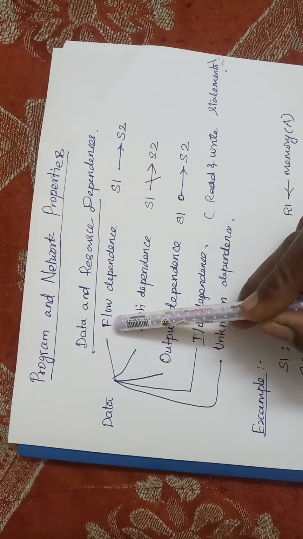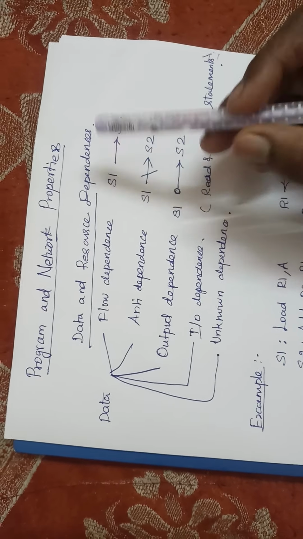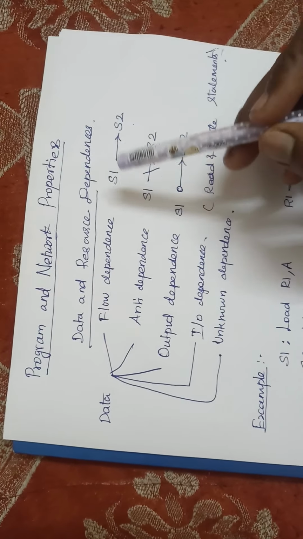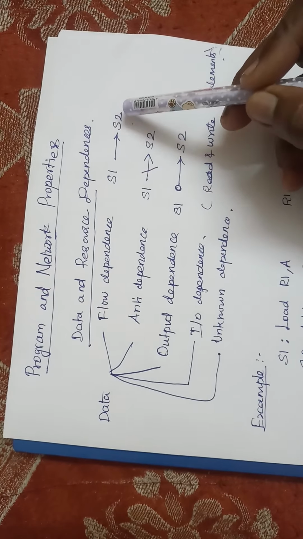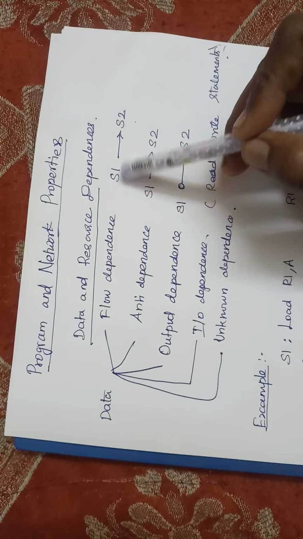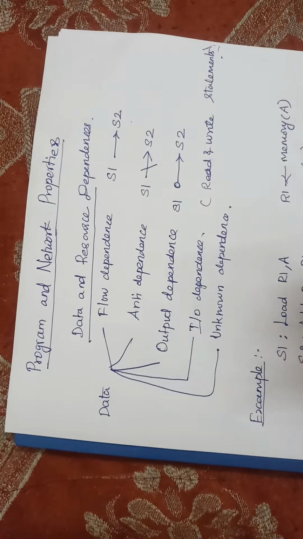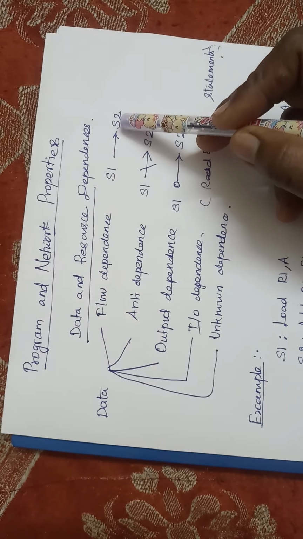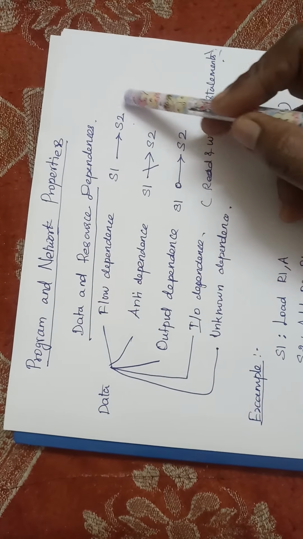Let me move on to the first one, flow dependence. Flow dependence is defined as follows: if you take two statements S1 and S2, and any one of the outputs of S1 is given as input to S2, then these two statements have flow dependence.